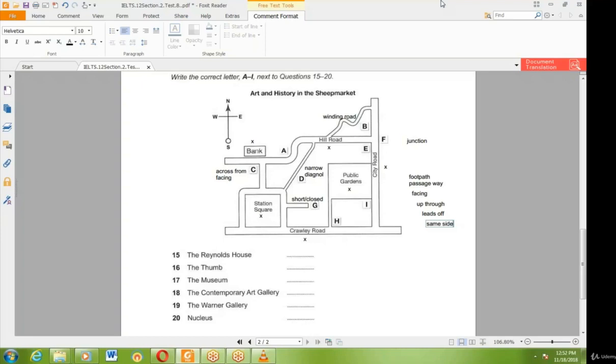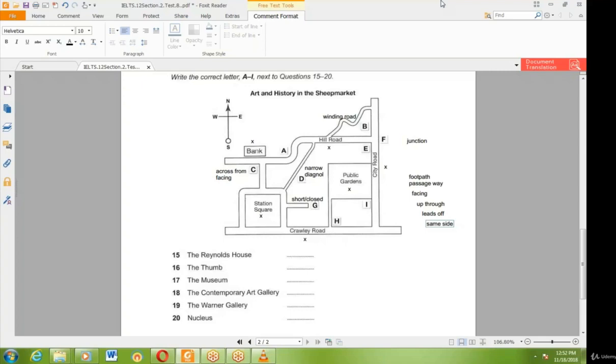The road ends at the gallery. It doesn't go anywhere else. That's open every day except Mondays. The Warner Gallery specialises in 19th century art. It's on City Road, near the junction with Crawley Road, on the same side of the road as the public gardens. It's open on weekdays from 9 to 5 and entry is free.